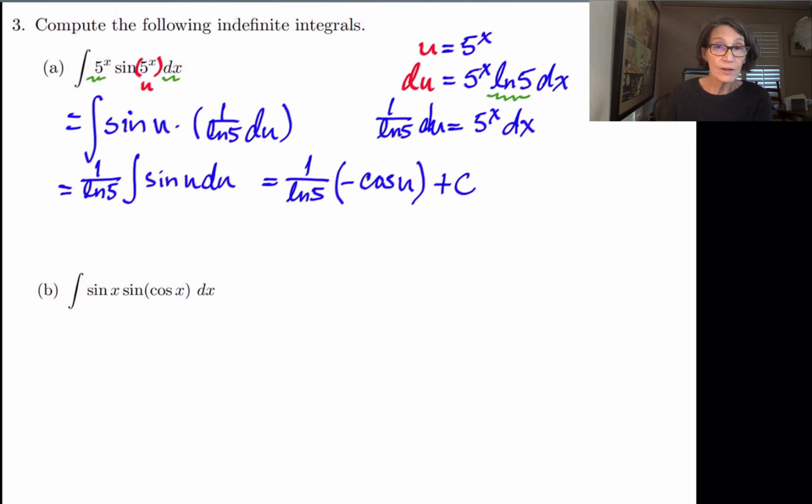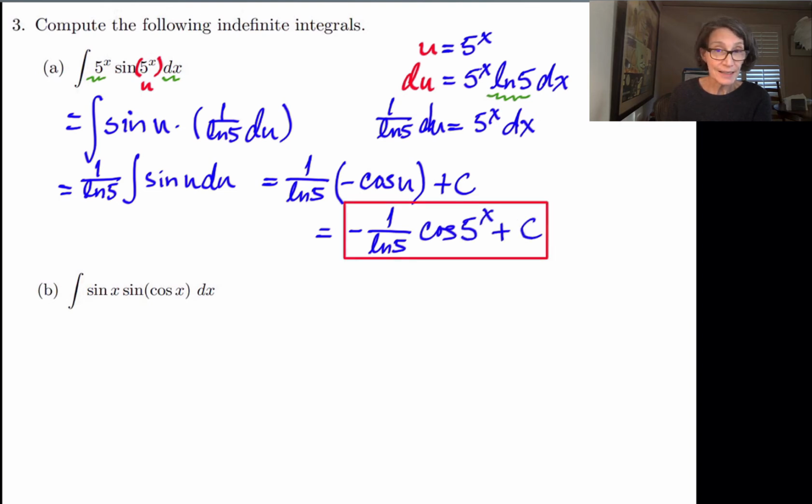Notice we have a function of u, and we need to have a function of x. But all we have to do is resubstitute. Remember, u is just 5 to the x. So we can rewrite our answer as negative 1 over natural log of 5 times cosine of 5 to the x plus c.